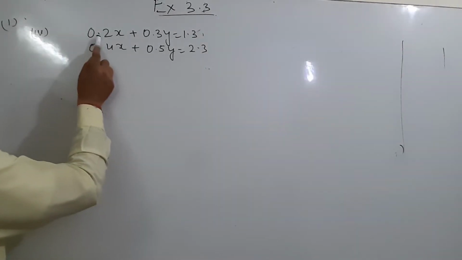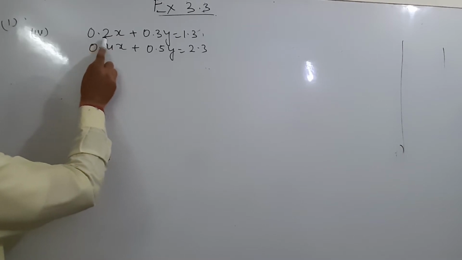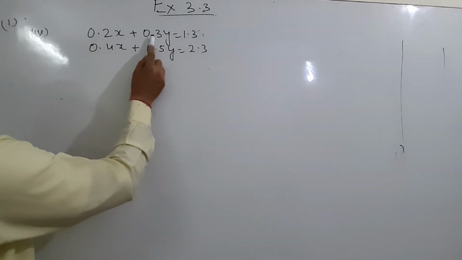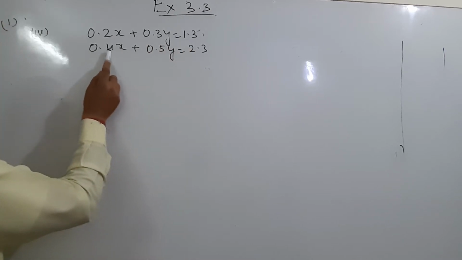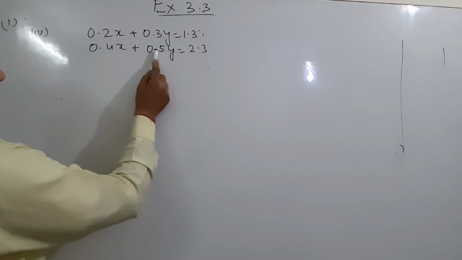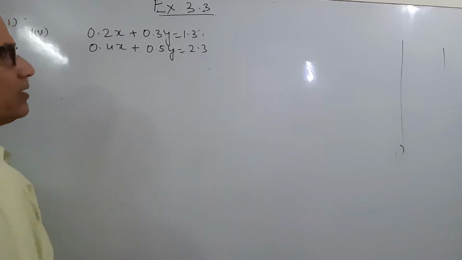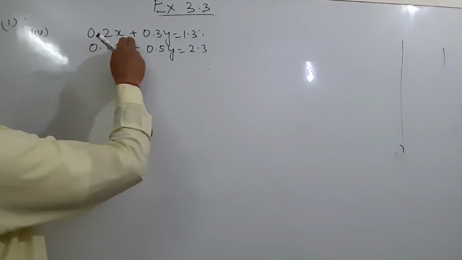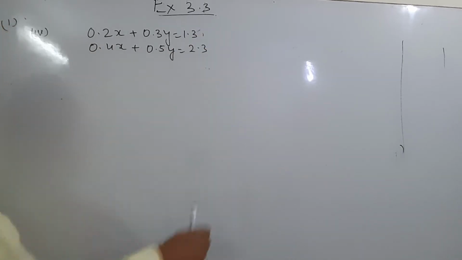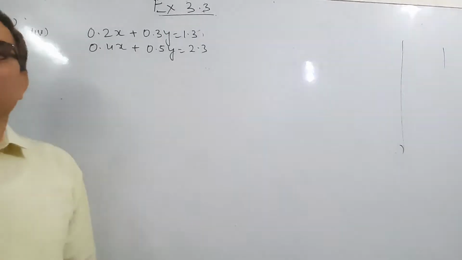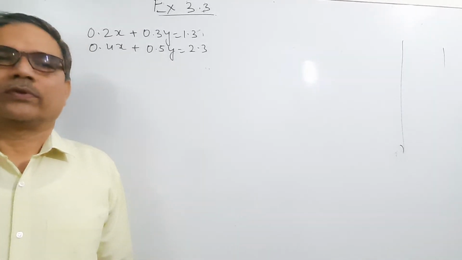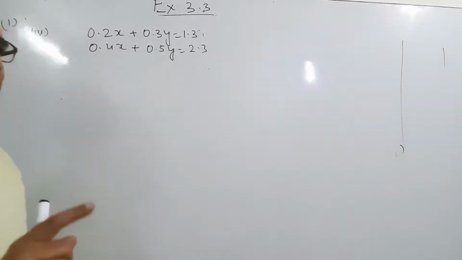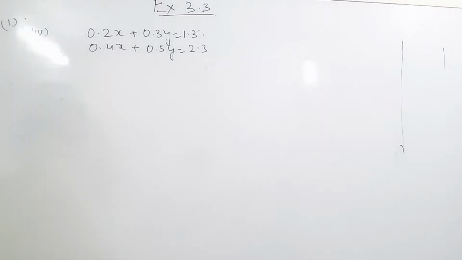How many digits after the decimal? One digit in each. It means in equation first and equation second, there is one and only one digit after the decimal, so we can remove the decimal.